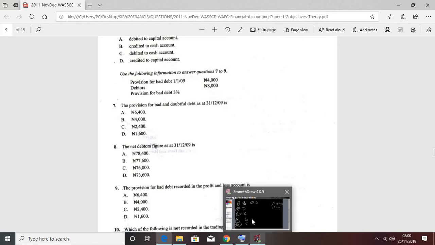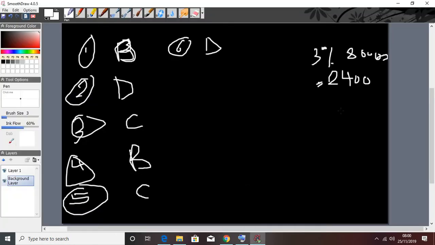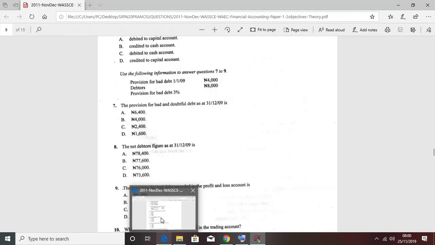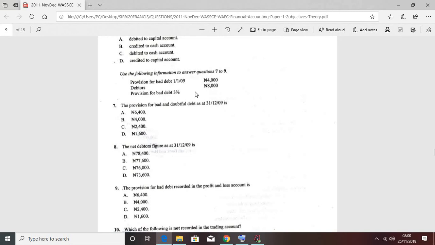So let's open the provision for bad debt account. Provision for bad debt account always has a credit balance, so this one will be at the credit side.